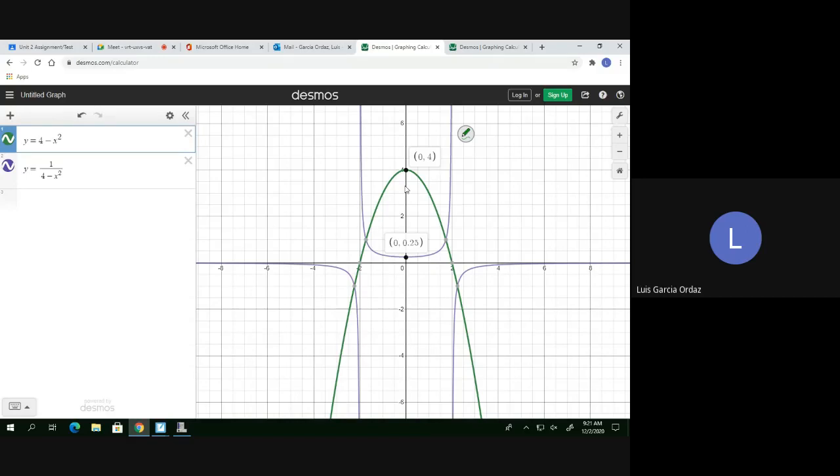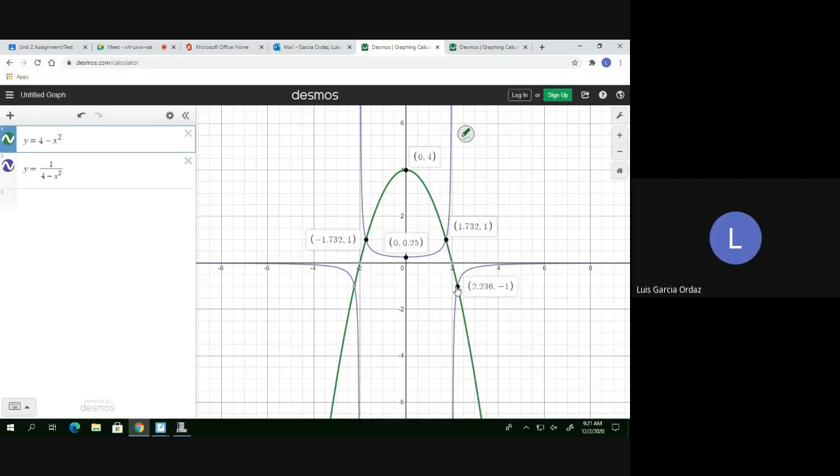Okay, and we calculated where y is equal to positive 1, and that happened at 1.732, or positive root 3, and negative 1.732, or negative root 3. And then we figured out where y is equal to -1.